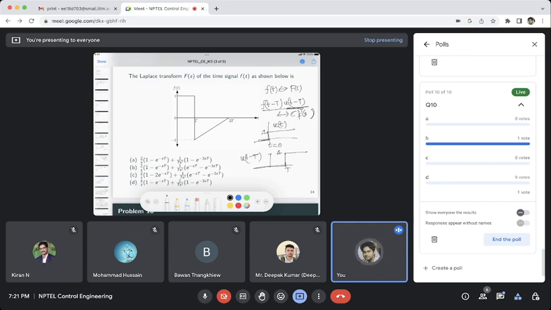Why? For the u(t) function, the value starts whenever the argument is 0. For this function, the argument will be 0 when t equals T, since t minus T will be 0, so it shifts by T and starts from there.